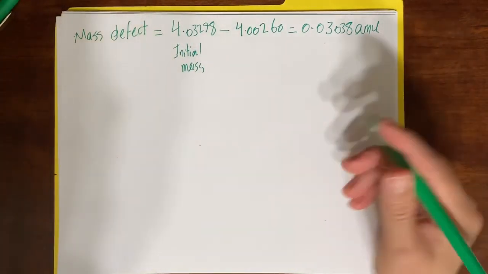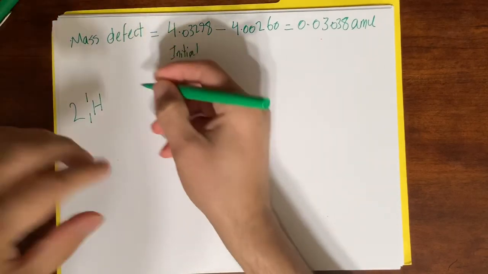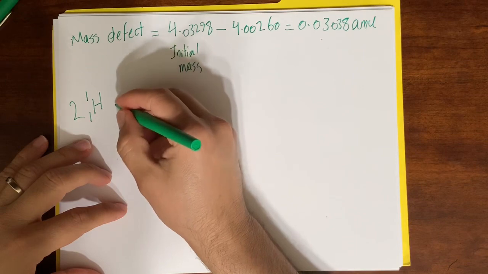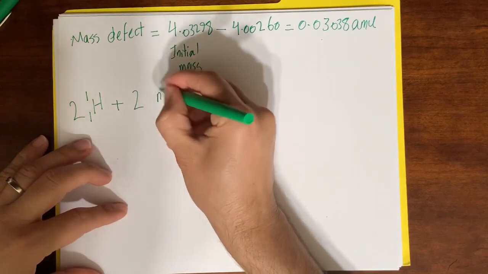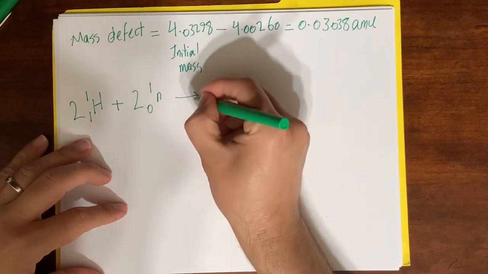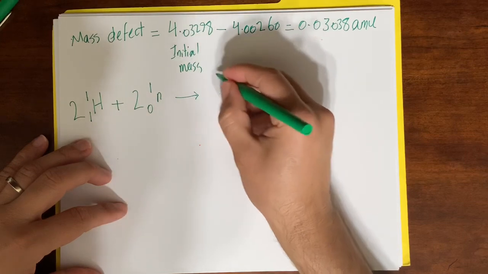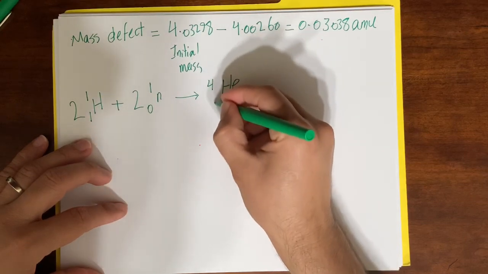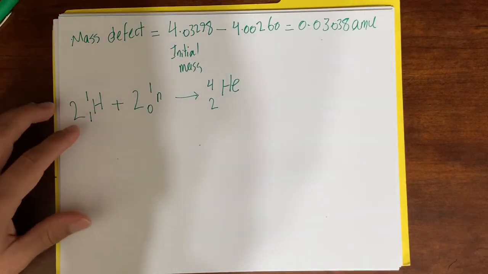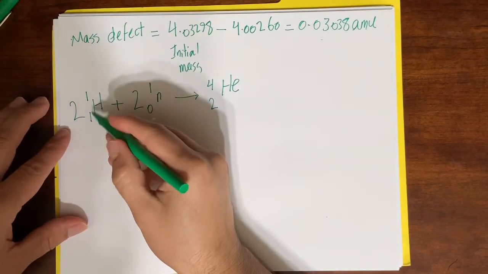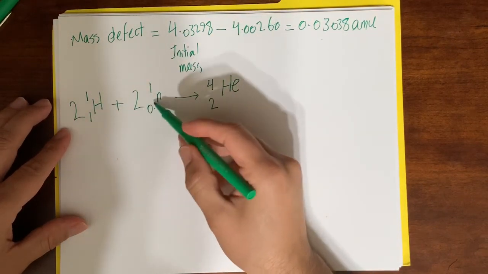So what we did, we had 2 hydrogen atoms. We added 2 neutrons, and we got 1 helium. Here we have 2 protons, and then we have 2 neutrons.